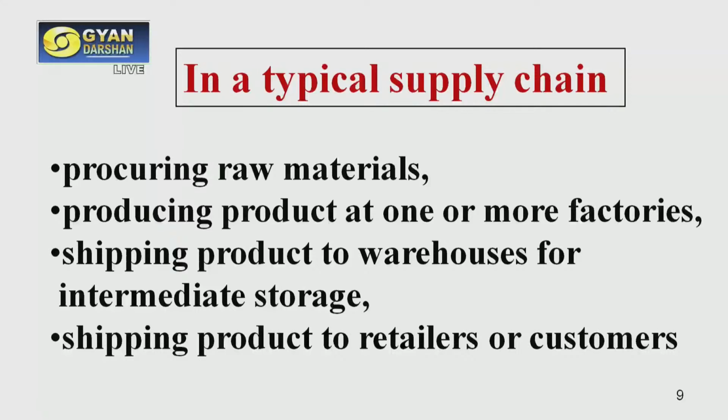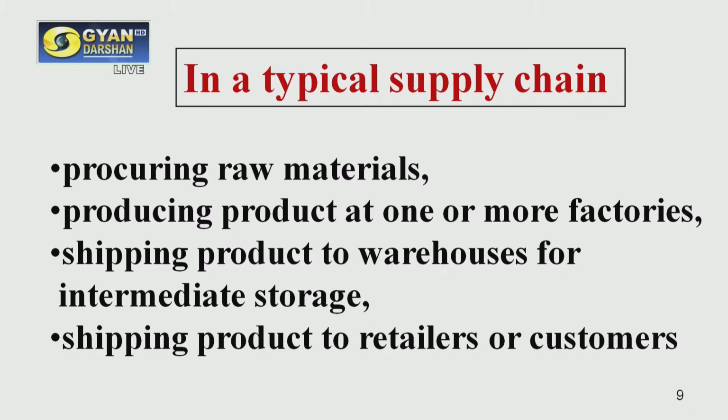What happens in a typical supply chain? We have a procurement of raw material, then we produce products at one or two factories, depending upon the globalization, depending upon the availability of labor and technology, we decide how many manufacturing units we want.